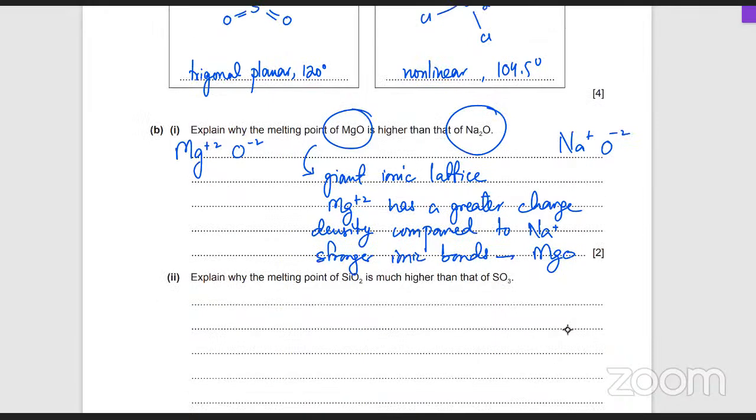अब अगले part में he's saying, why is the melting point of SiO2 greater than SO3? What's the reasoning for that? फिर SiO2 macromolecular और SO3 simple molecular. ठीक है, so it's macromolecular, it's got strong covalent bonds.